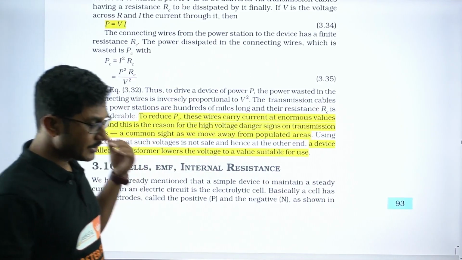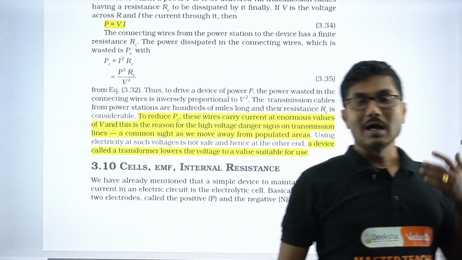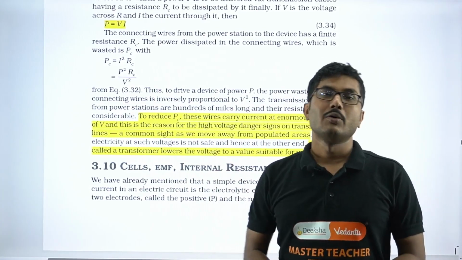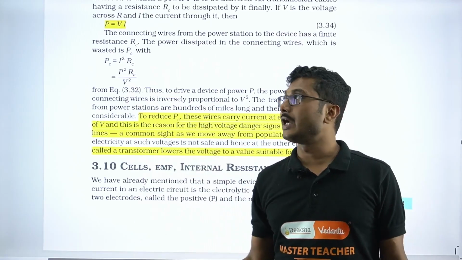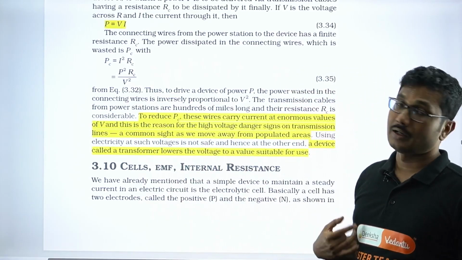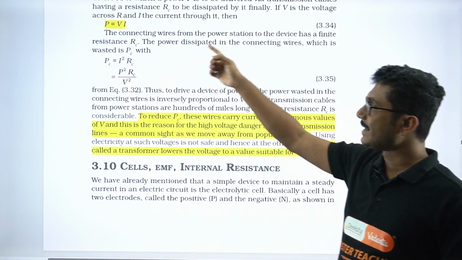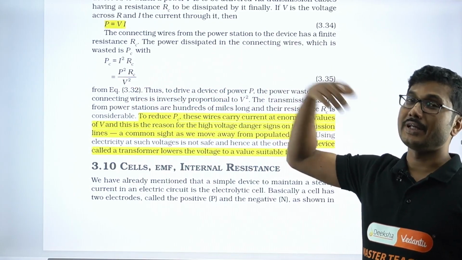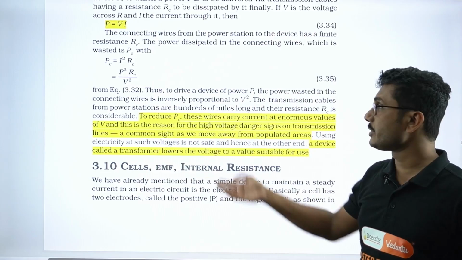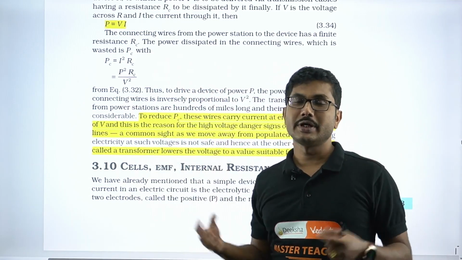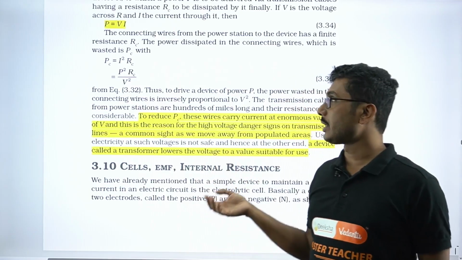And one more important concept, though you can skip it. The power that is supplied to your household for long distance transfer, okay, they try to keep the voltage very high and the current very low. Okay, so this is one of the reasons they have explained. Resistance you cannot control. There will be some resistance even if you are using good conductors.